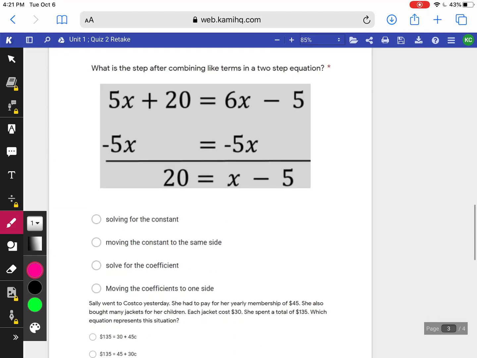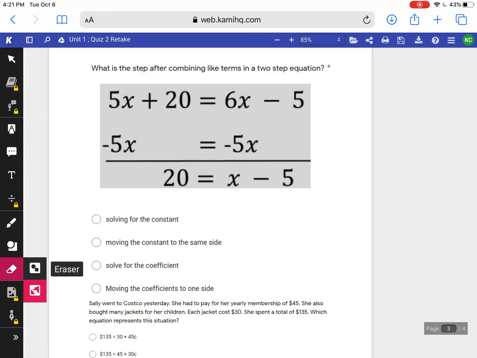The next problem, what is the step after combining our like terms? So here we see that we had x's on both sides of the equation. So we want to work at collecting these like terms. Now 5 minus 5 is 0, so we have nothing down here to worry about.